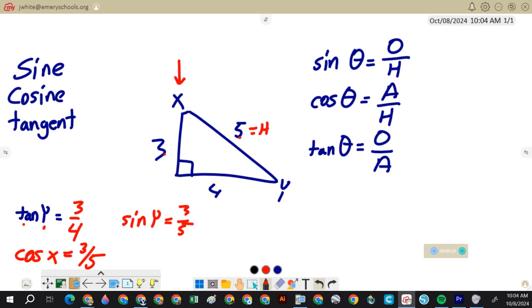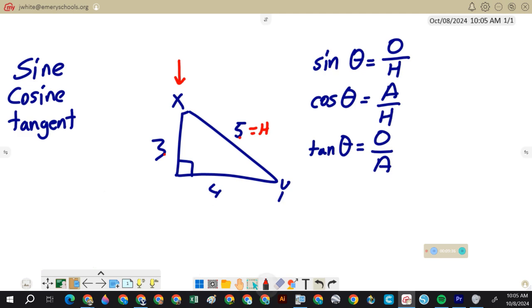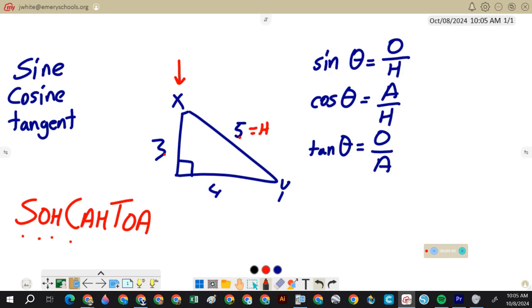Now, you're going to have to memorize those. But never fear, we have an easy way to do it. We use the mnemonic SOHCAHTOA. So what this means is sine is O over H, cosine is A over H, tangent is O over A.